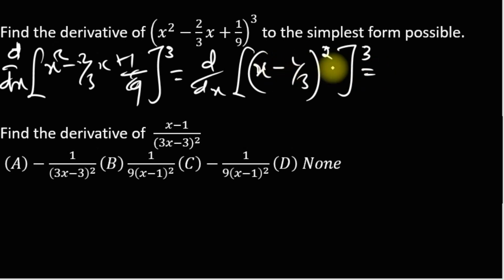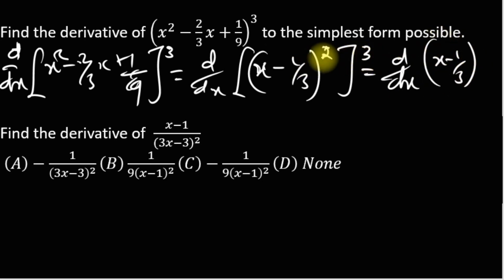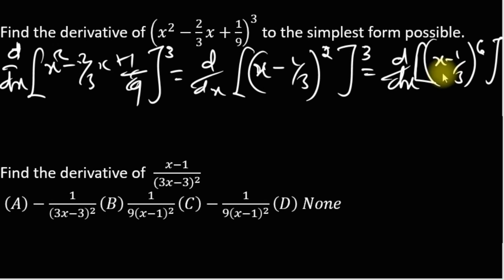So I'm applying laws of indices. We can write this as the derivative of x minus 1 over 3, to the power 2 times 3, which is 6. The chain rule combined with power rule.